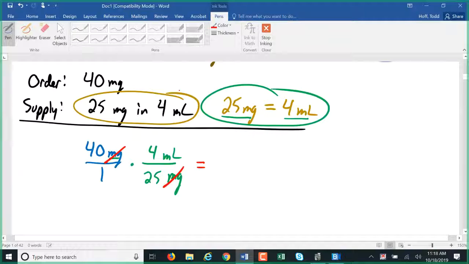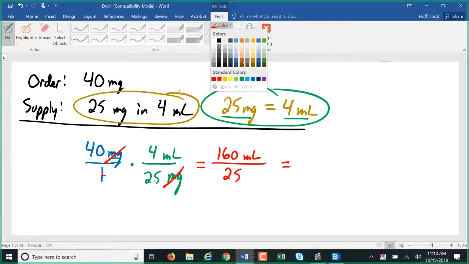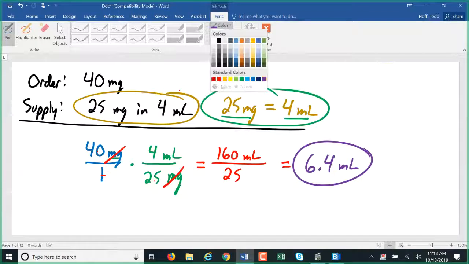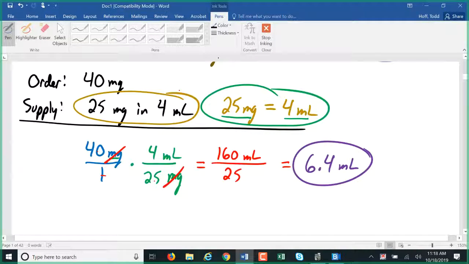Milligrams cancel out. 40 times 4 milliliters is 160 milliliters. 1 times 25 is 25. 160 milliliters divided by 25 is 6.4 mL. That's it. Look at all this. Units just kind of make everything fall into place for us.